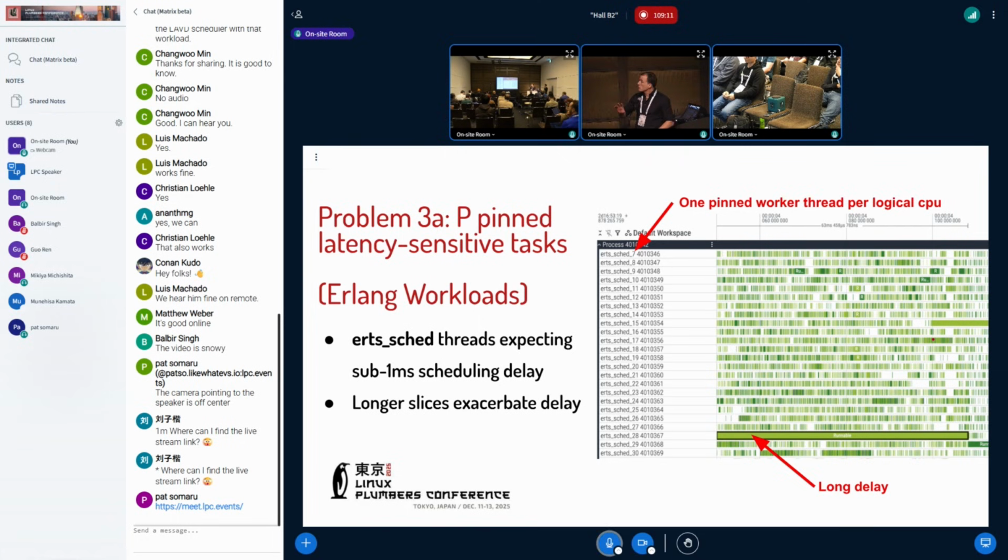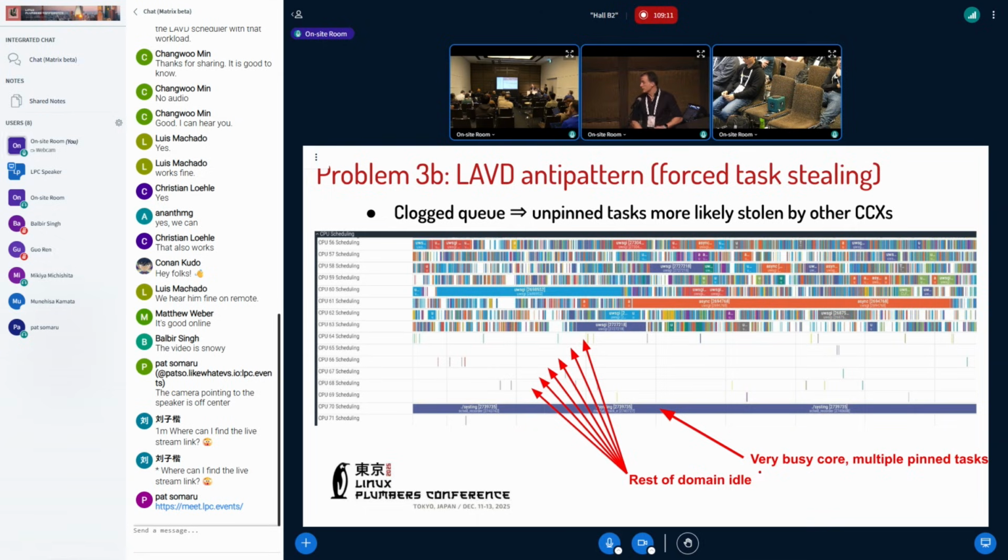Now, orthogonal to time slice size, another issue that we ran into was with the load balancing aspect of the system. Now, when we have multiple pinned tasks on the same core, in this case, the systing tracing is this one very hot core in the Perfetto trace here that you see the arrow pointing to in the bottom.